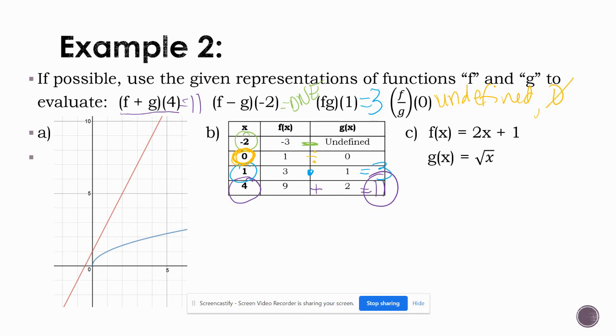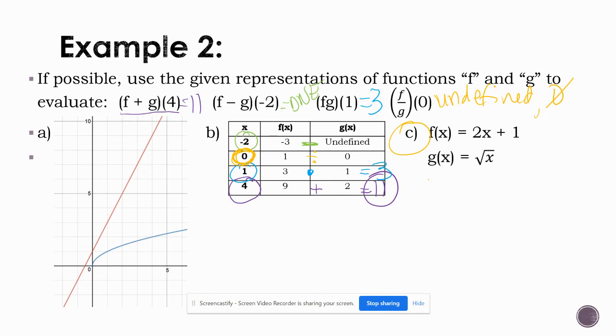Does not exist. C is the equations that are represented by the graph and the table. And so just another way to see that each one has either 11, does not exist, 3, or undefined.